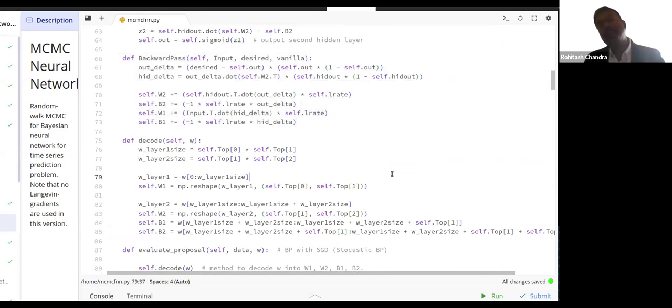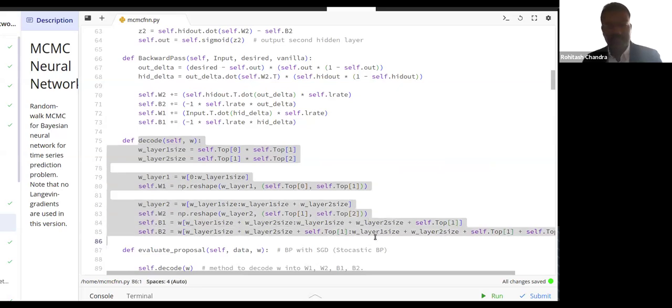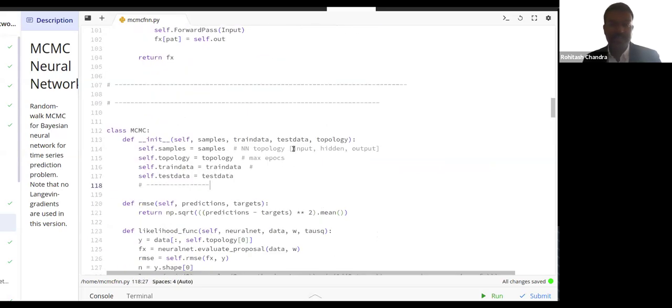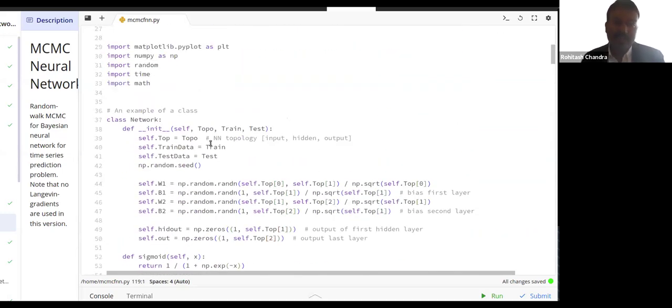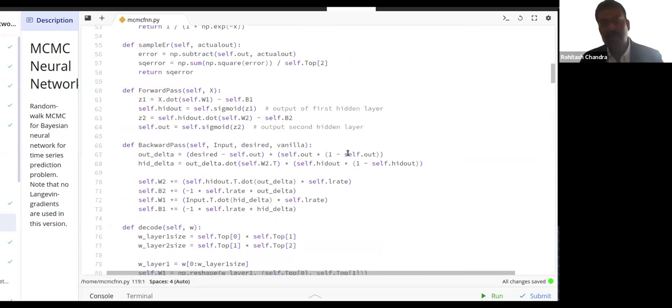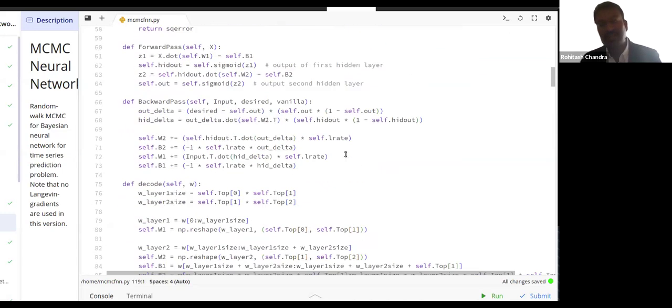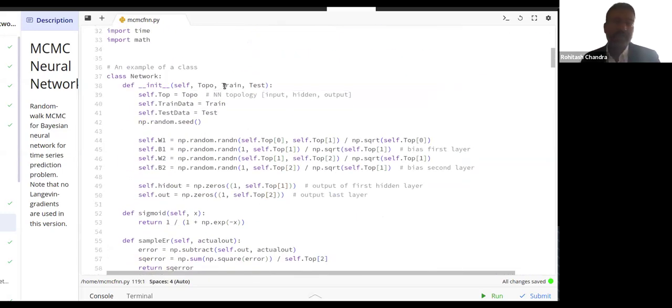So we have another, assume that there's another class, which is an MCMC class, as you can see here. This is the class that will call the neural network class and initialize that network class with training and test data, and the network topology.